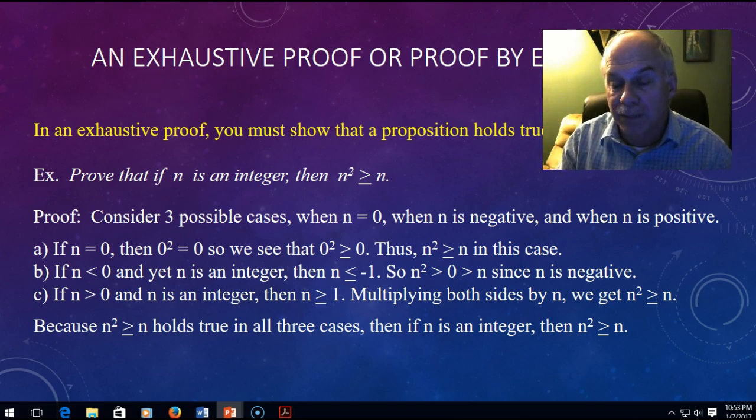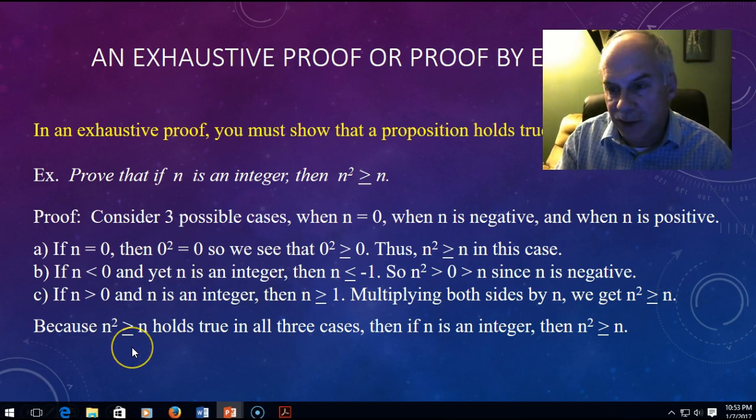If you multiply both sides of that inequality, n is greater than or equal to 1, by n, you get n squared greater than or equal to n. And just taking this inequality, n is greater than or equal to 1, multiplying both sides by n, you get what we're trying to prove, that n squared is greater than or equal to n.